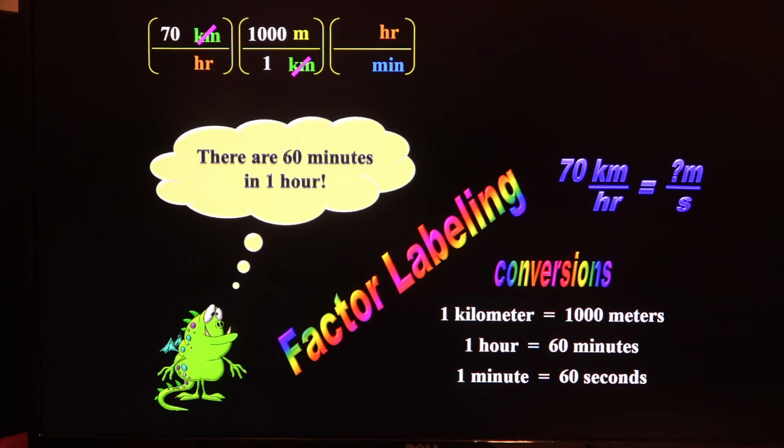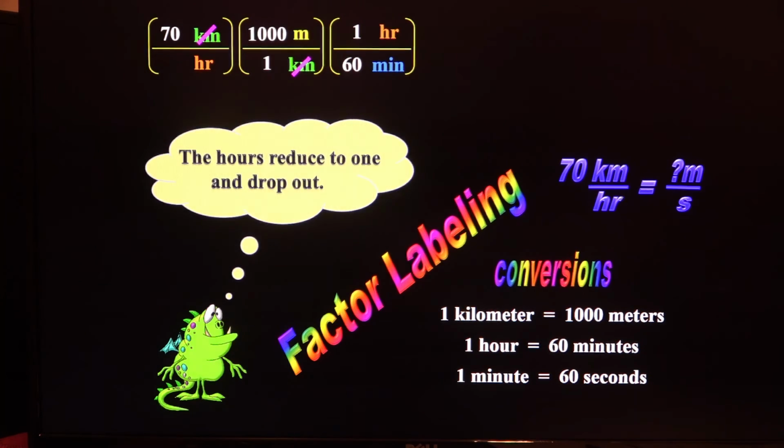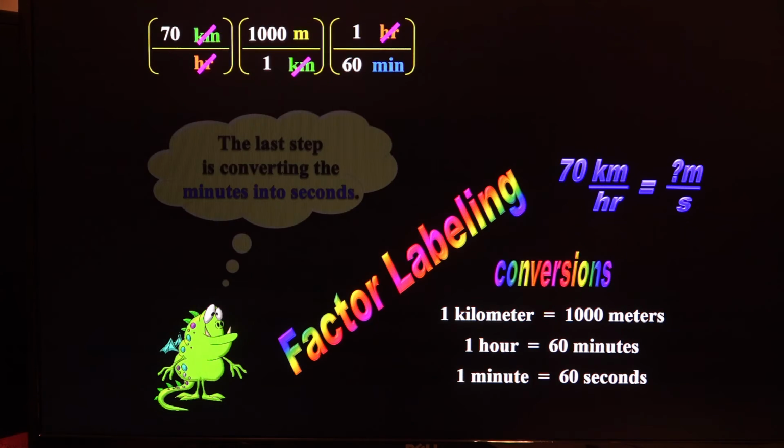There are 60 minutes in 1 hour. 60 minutes is 1 hour. The hours reduce to 1 and drop out. So now we have meters per minute.